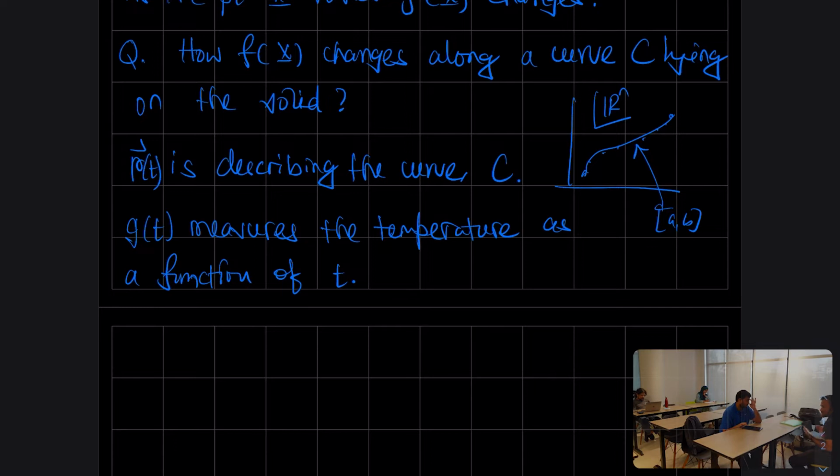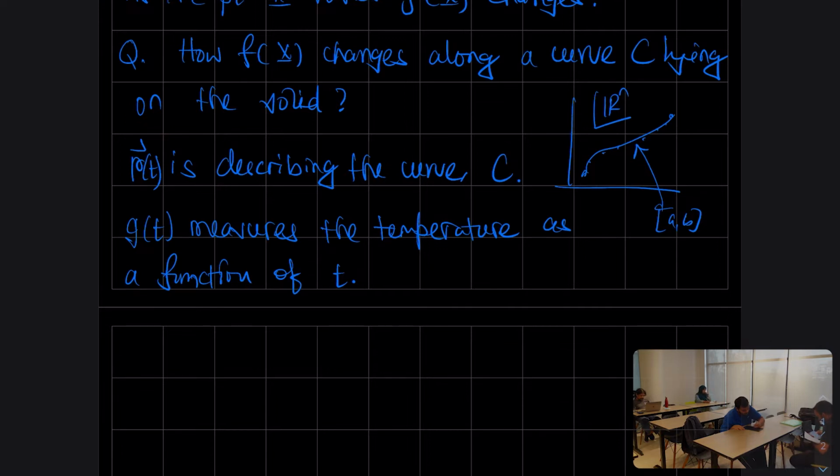That's why the whole construction was built this way. Do I really need to know G of T? Its purpose is to give us the change. What we really care about is the change of G with respect to T, which is the same as moving along the curve.